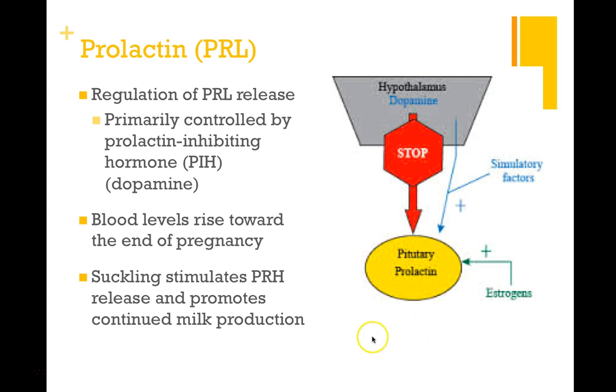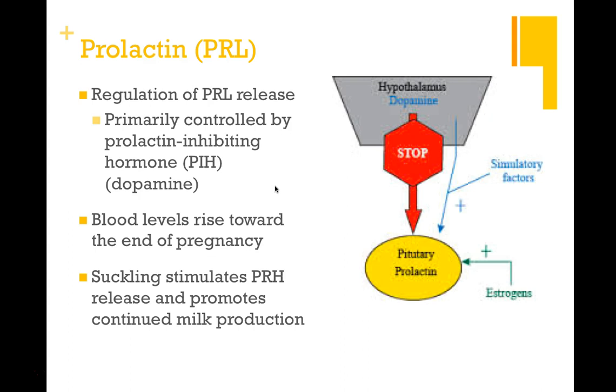During the end of pregnancy, the blood levels of prolactin would start to rise. This is in preparation to breastfeed the baby when it is born. And at that point, the prolactin releasing hormone would be secreted from the hypothalamus so that milk production would be put into place.